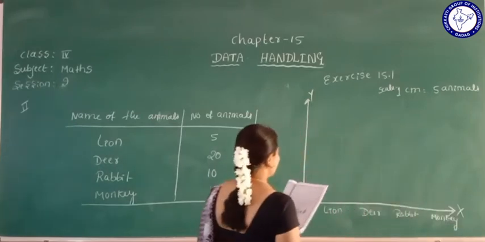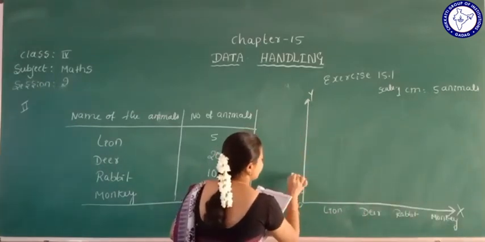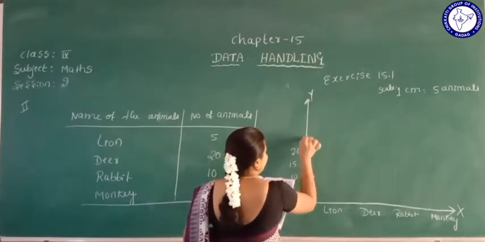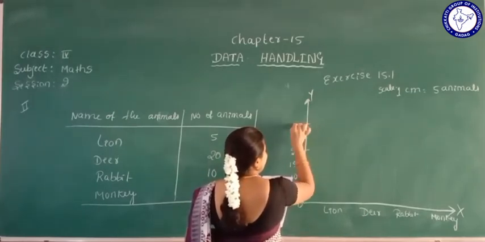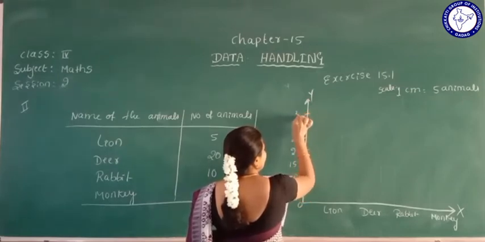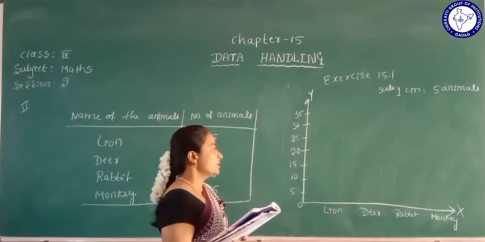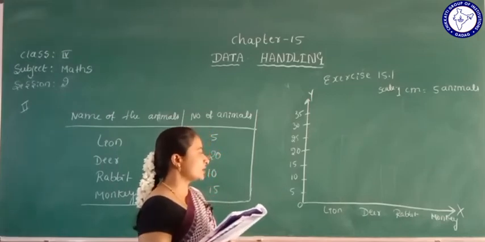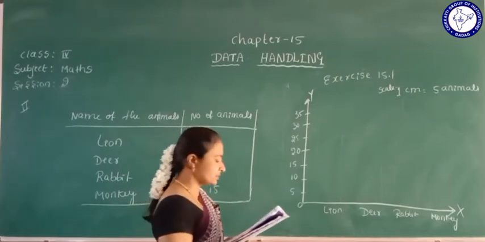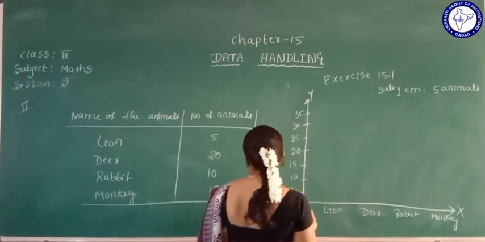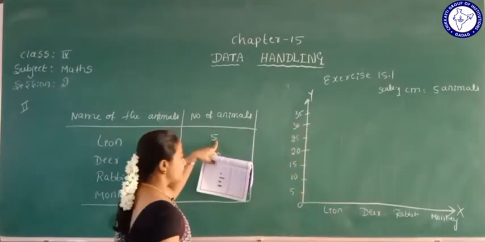So now we will write here 5, 10, 15, 20, 25, 30, 35. Yes, so now we will draw the bar graph. Here, see, that is lion. How many are given here? Lions 5.